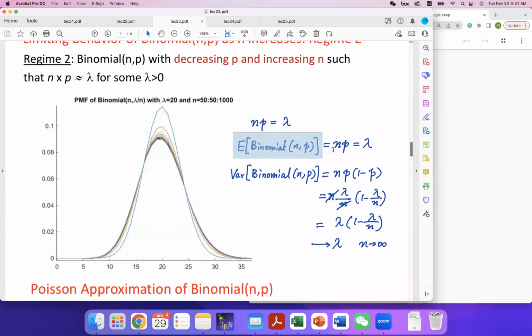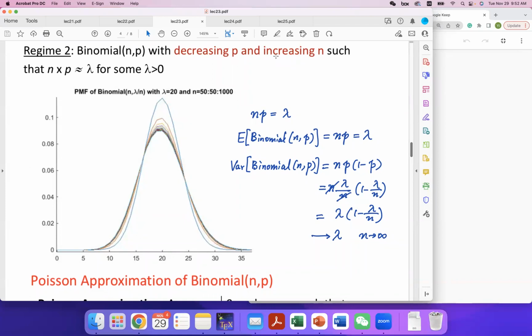The expectation, we know, is n times p, but now this product is a constant, so the expectation is essentially lambda. And the variance is np times (1 minus p). By leveraging this constant product, we can simplify this. n times p is lambda, and p is lambda over n. So the variance is lambda times (1 minus lambda over n).